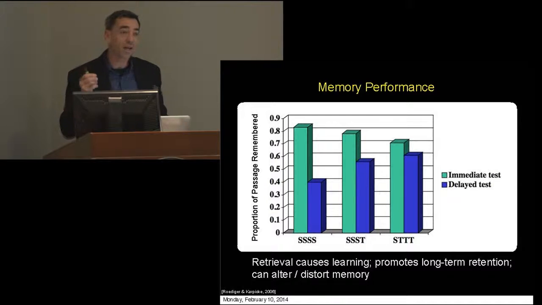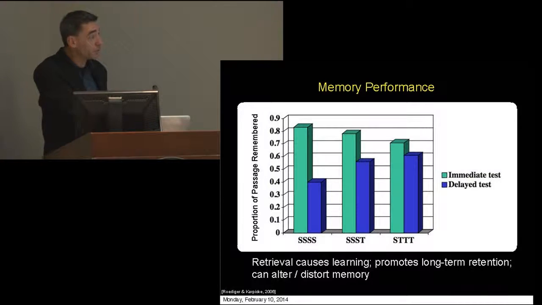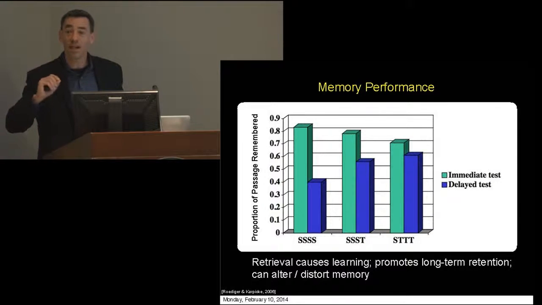It results in not only the strengthening of representations that have been encoded, but also the laying down of new representations, the altering of those representations. In fact, we know retrieval causes learning. It can promote long-term retention, but each of those acts of retrieval by a witness not only strengthens the information that they're repeatedly retrieving, but also alters their memory for the event.